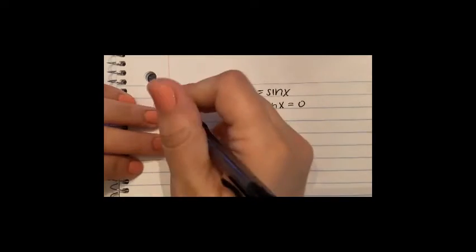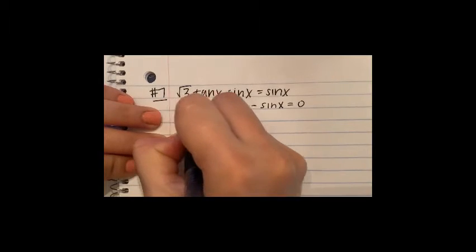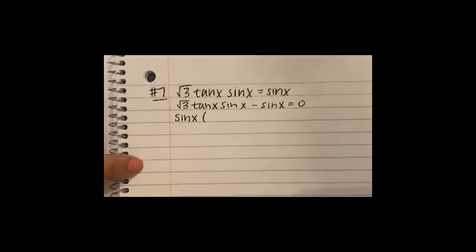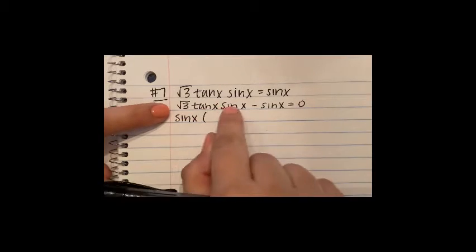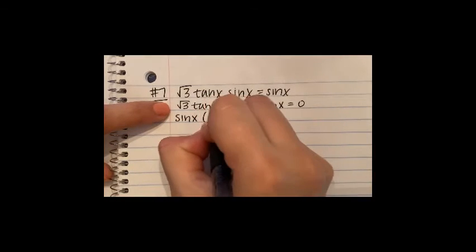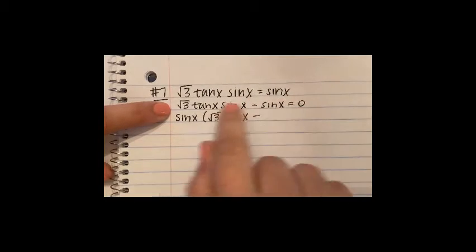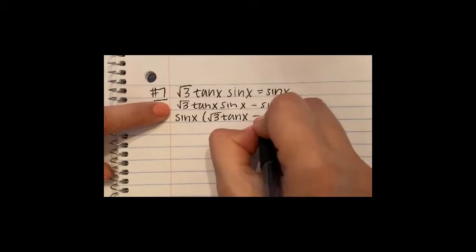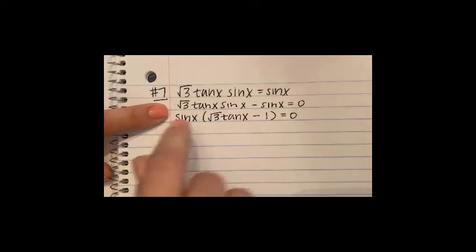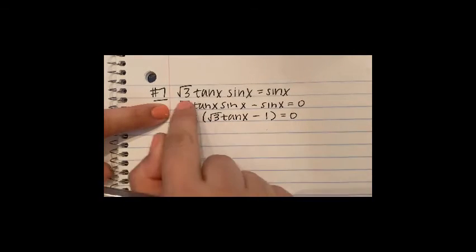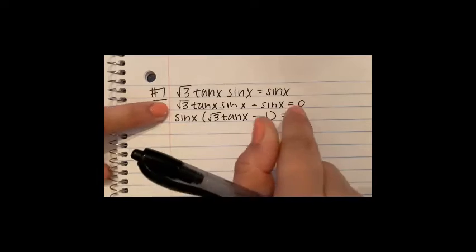So I'm going to simplify by factoring out a sine. It's like I'm undistributing. So what's left here would be √3 tangent x minus, if I take a sine out, I'll be left with a 1. So if I redistributed the sine, I would get my original function.